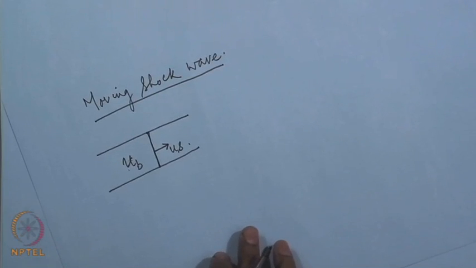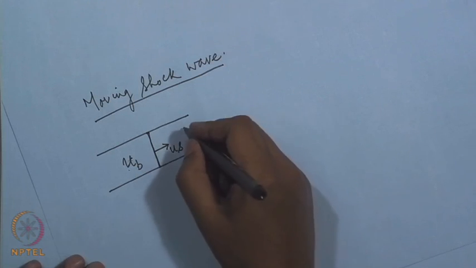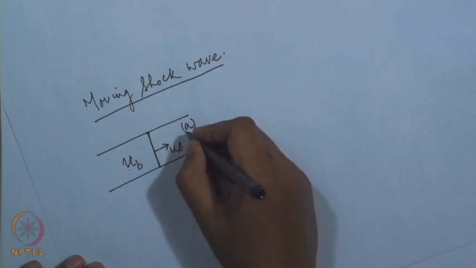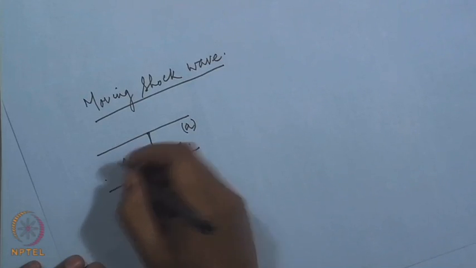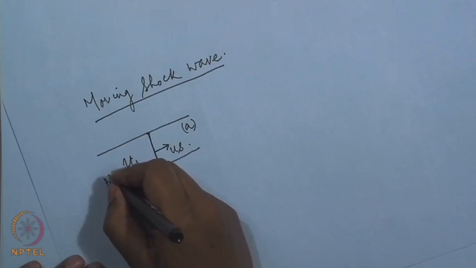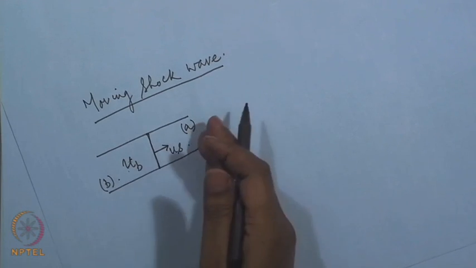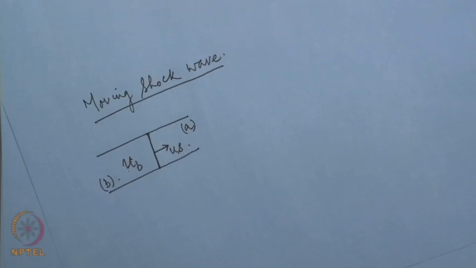We would like to see in this case the relationship of the flow parameters or fluid properties in station A and station B. Now, what we did earlier was satisfy the conservation laws, namely continuity, momentum and energy equations, between the two regions ahead of and behind the shock wave.